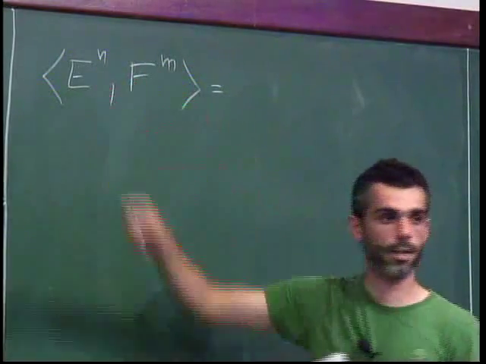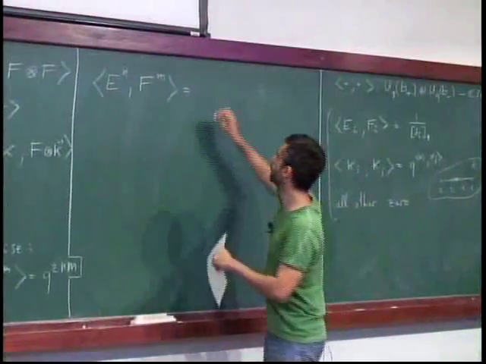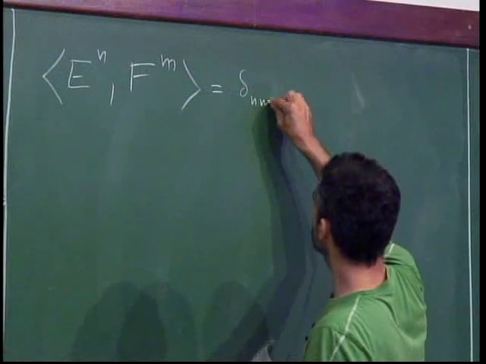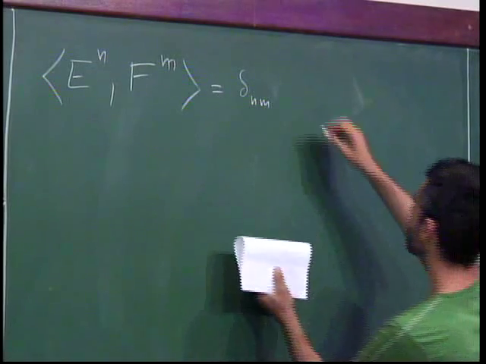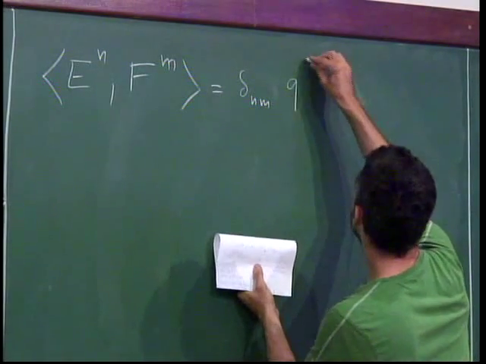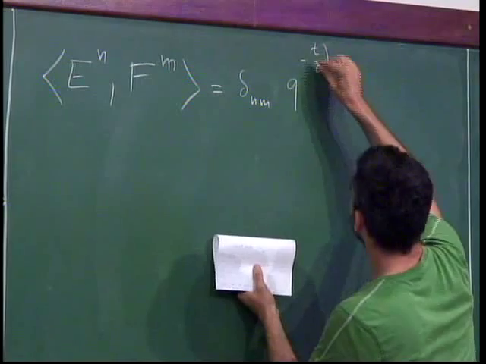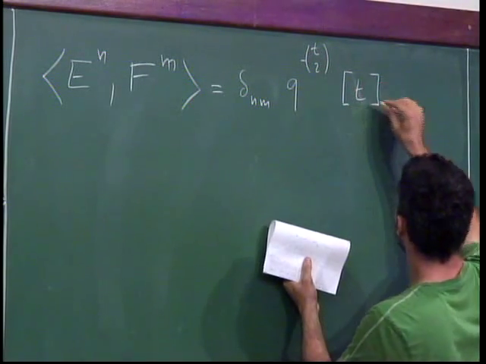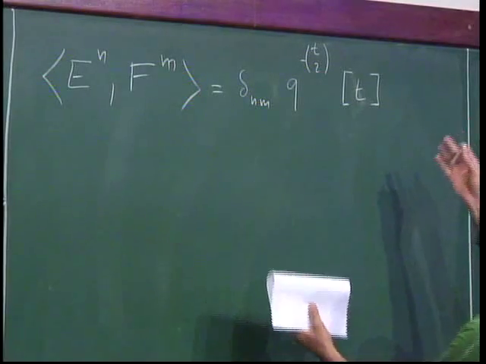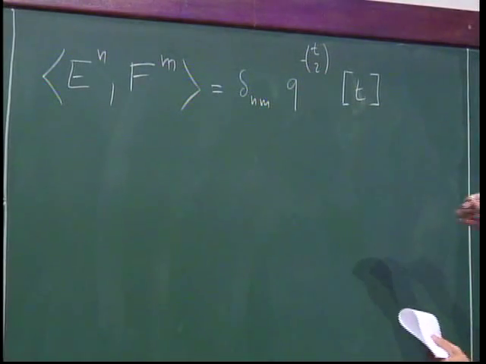If the exponents are different, you get 0. That's for degree reasons. And then if the exponents are the same, what you end up getting is, sorry, I'm mixing t's and s's.